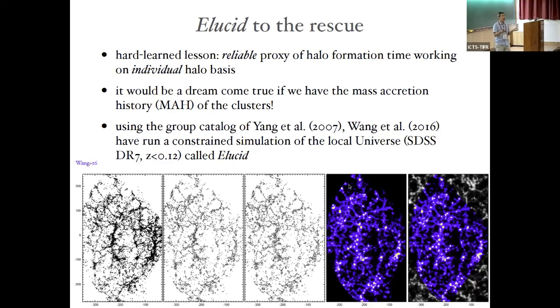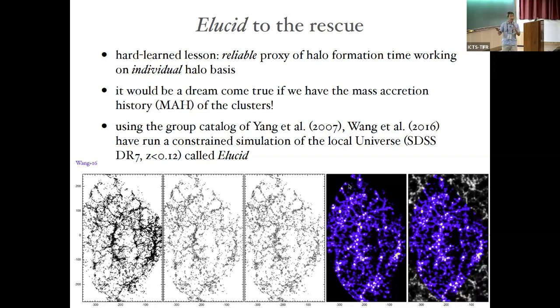It will be like a dream come true if we know the mass accretion history of every halo. And in fact, using the group catalog of Yang et al., Wang et al. have run a constrained simulation called ELUCID.